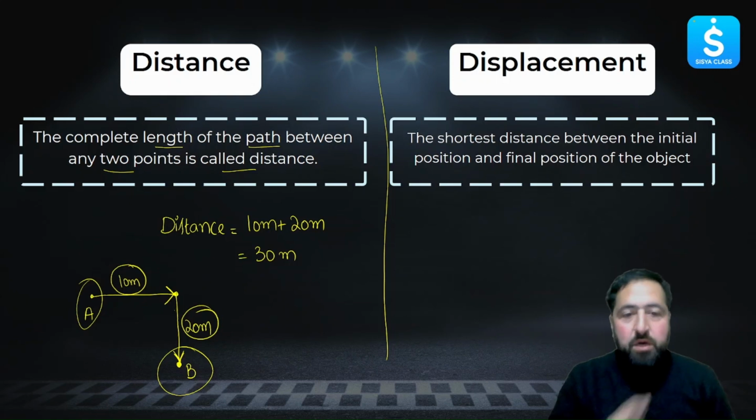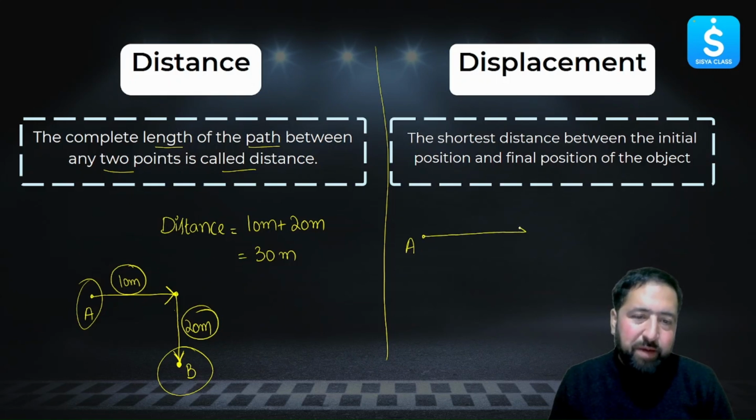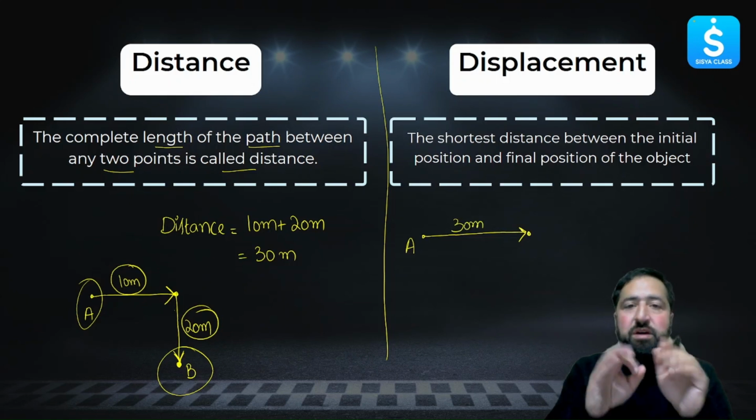Okay, let's take an example again. A body starts moving from point A in a certain direction. Okay, so the body is moving. It covers a distance of 30 meters, for example, and reaches a certain point.